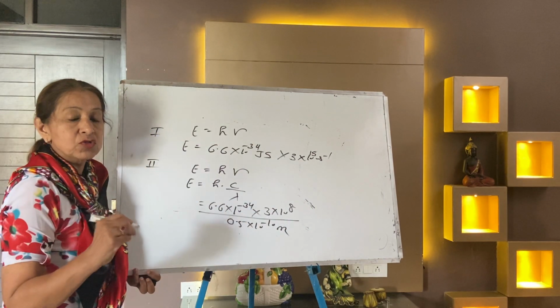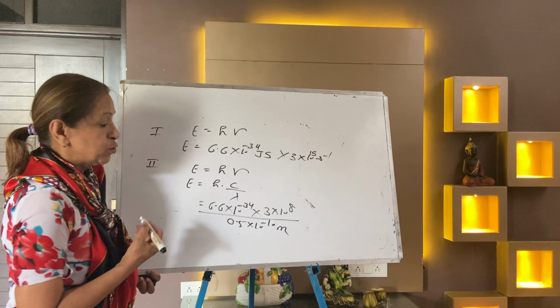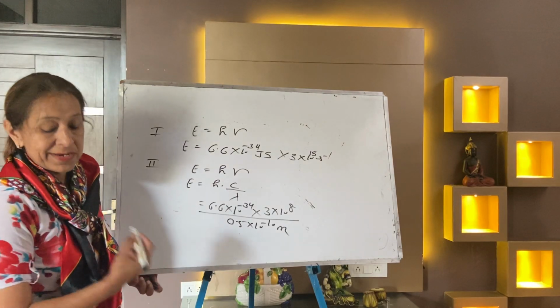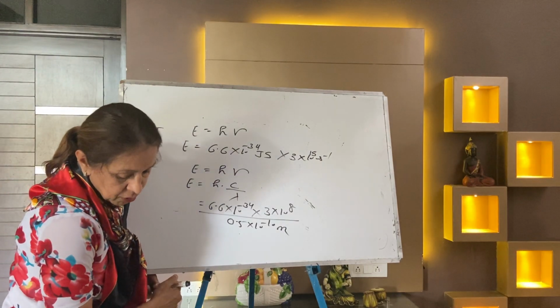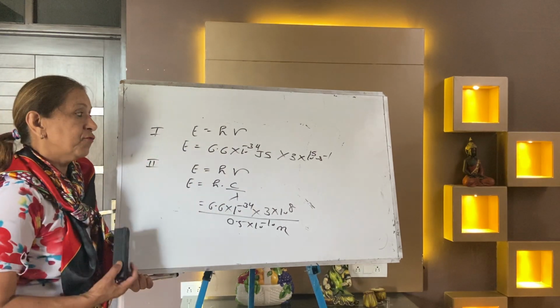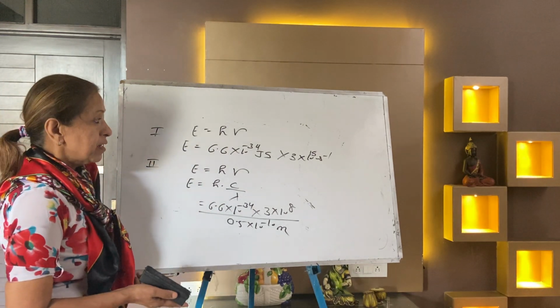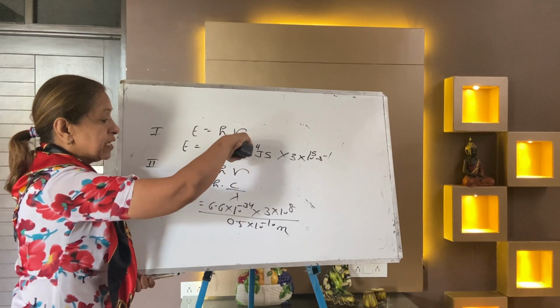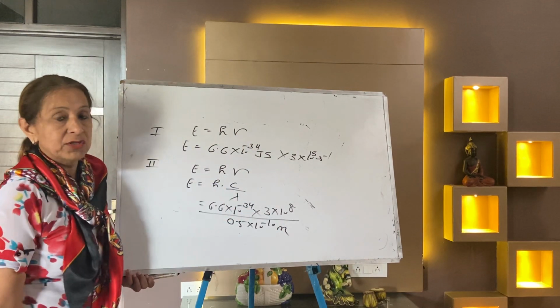It's given in angstrom. You convert the angstrom into meter, 10 raised to power minus 10 meters. Now this overs your numerical number 6, energy of the photon. In the first, frequency was given, in the second, wavelength is given.